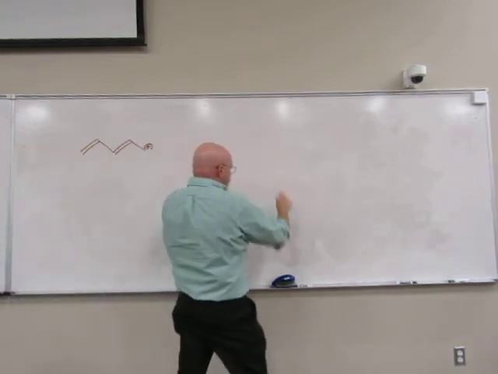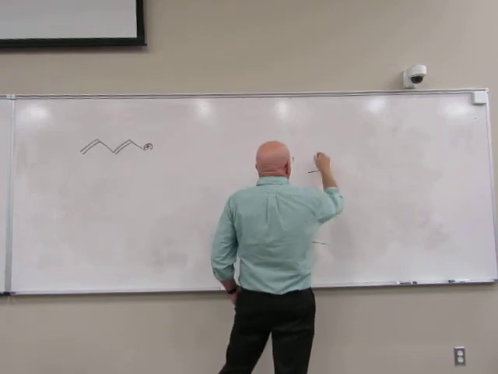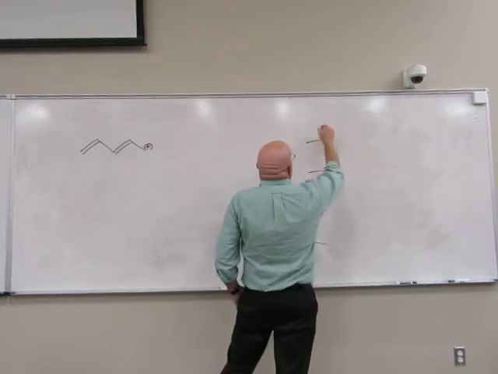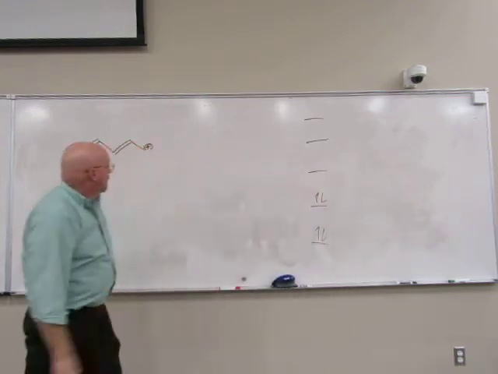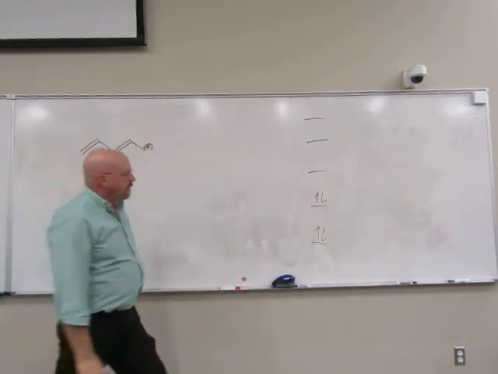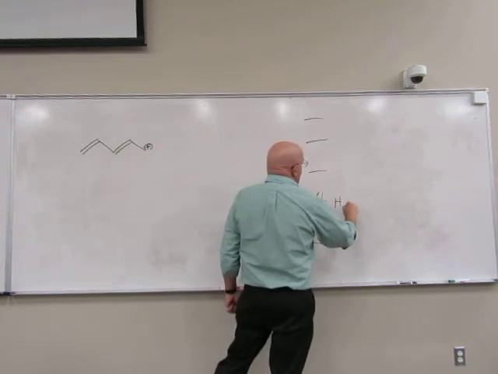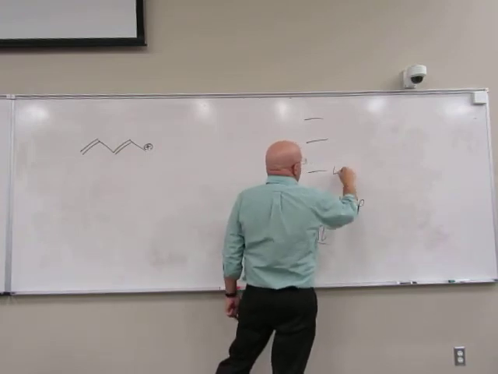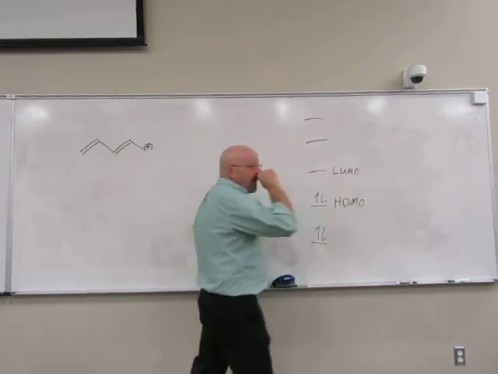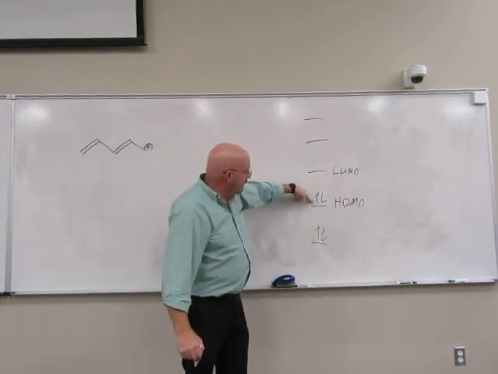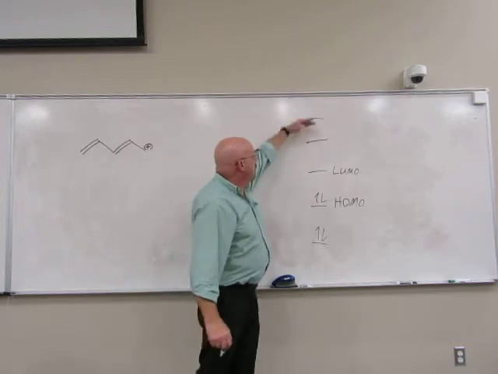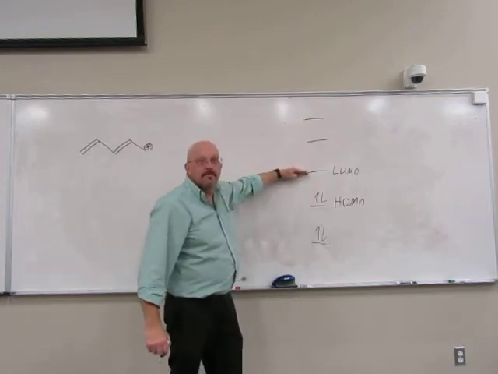The orbitals would be the same, but you've only got 4 pi electrons instead of the 6, because that one's empty. So now for this one, this is the HOMO, and this one is the LUMO. So they can change. HOMO is just the highest one that you have that's got any electrons in it. LUMO is the lowest one that's empty.